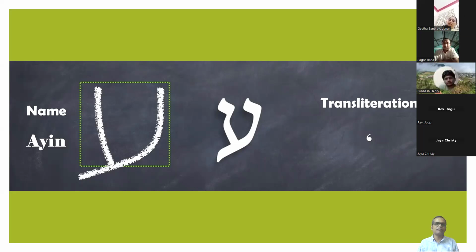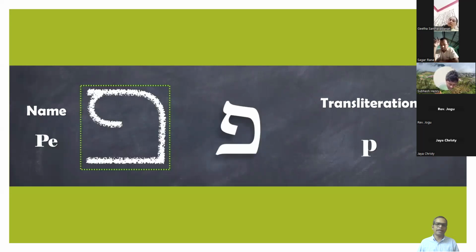Kaf, lamed, mem, nun, samak, ain. Then comes the next letter, Pe. Pe, if you see, looks like bet, it looks like kaf. I would say that it has more resemblance to bet, because the only thing missing here is that in bet the lower horizontal line is extended beyond the vertical line. Here it is not extended.